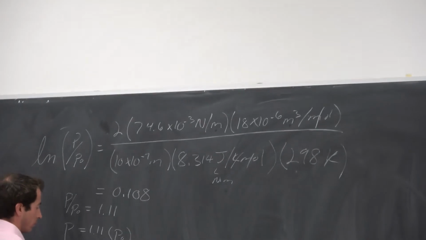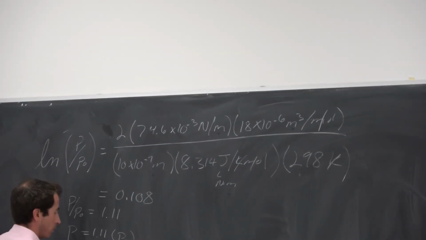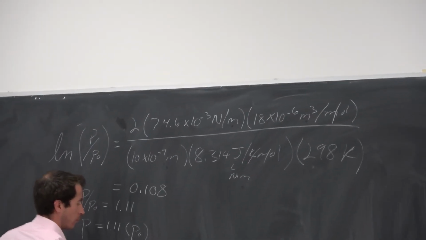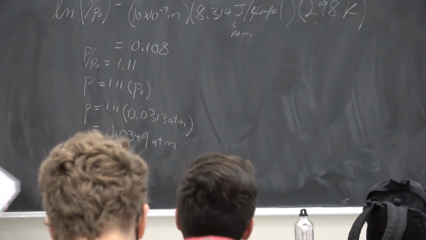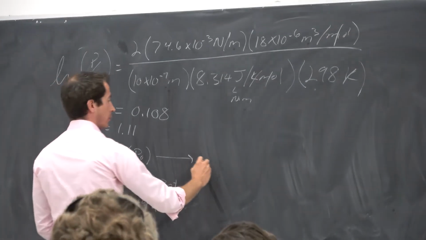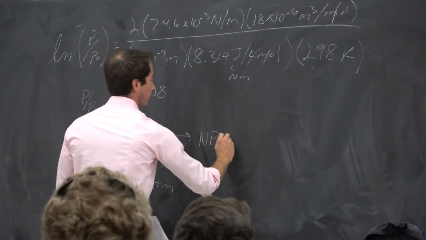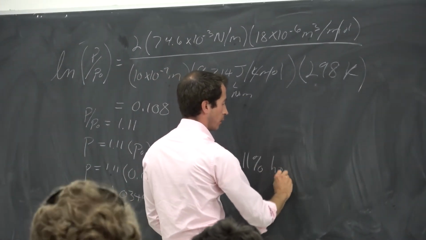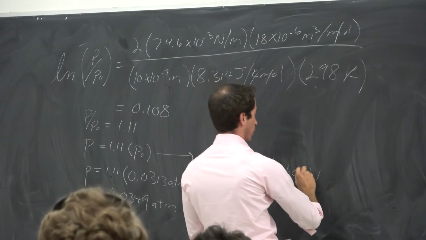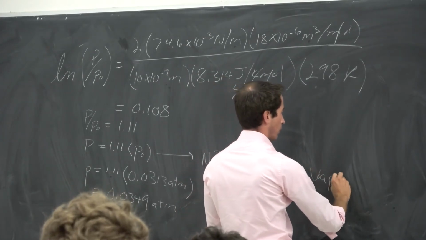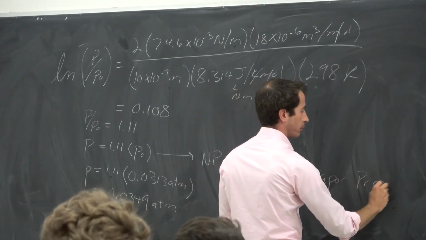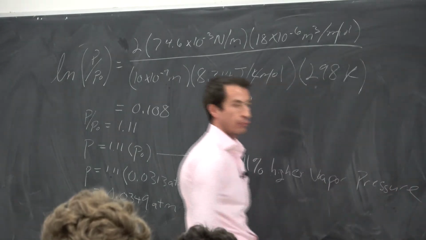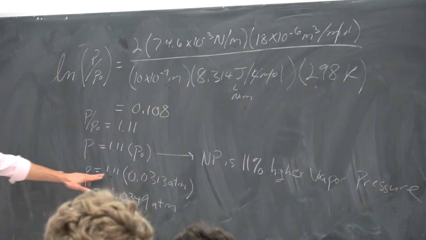So it's 11% higher. Right, that's what this is essentially saying: that the nanoparticle has an 11% higher vapor pressure than a bulk system. This 1.11.